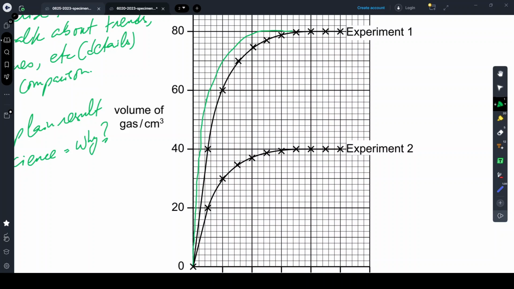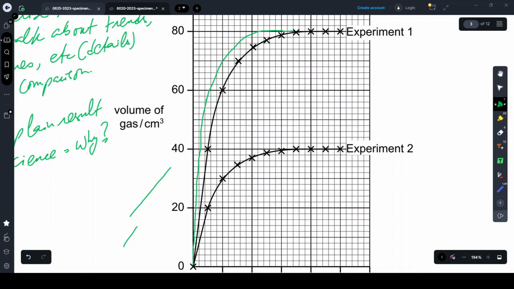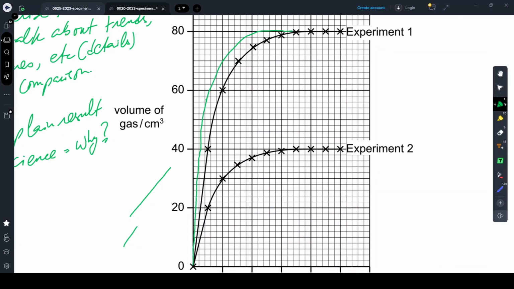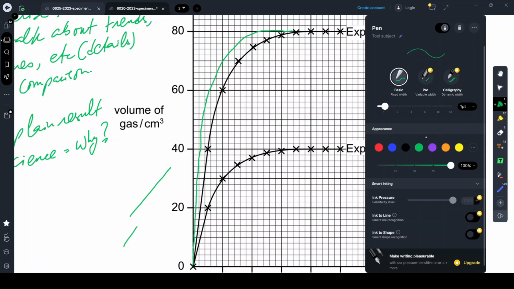And your line should not be super thick, no, right? Okay, fine, we adjust the thickness.